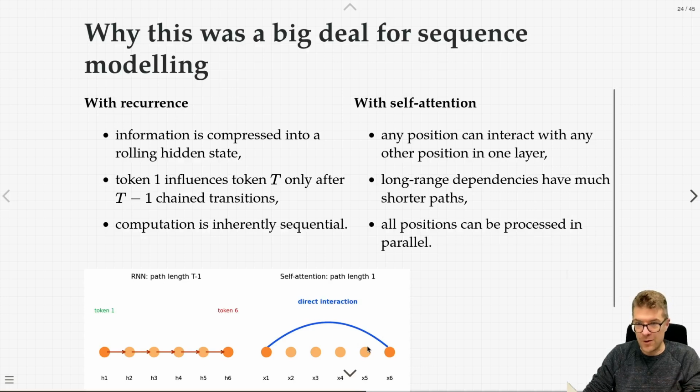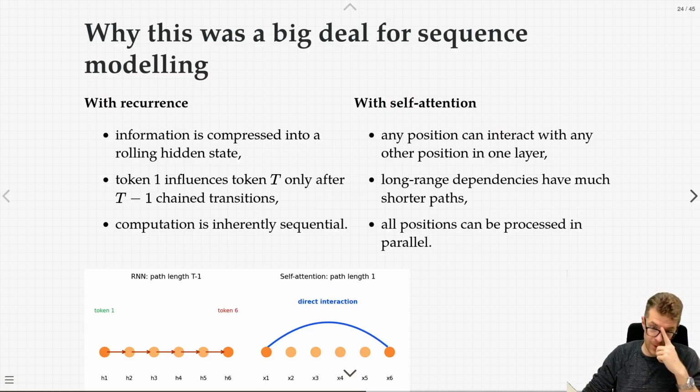Actually, these are long-range dependencies. Here, I have only 6, but this can extend over dozens of possible words. And I can do all of these in parallel. So I can decide, 6 needs to pay attention to 1, 5 needs to pay attention to some other word in the sequence. I can do all of this very quickly in parallel using matrix multiplication and matrix algebra from the previous slide.